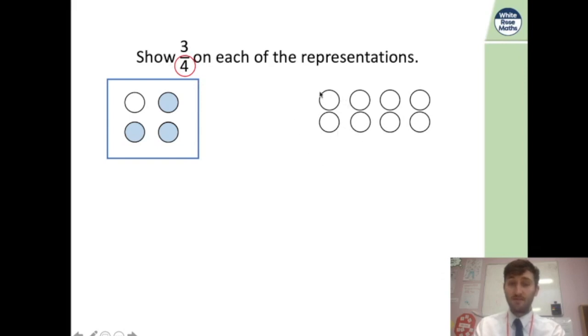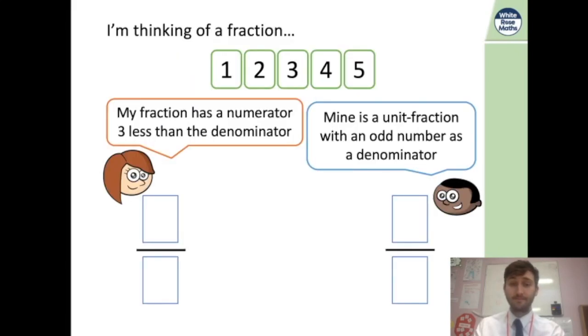And I can see they've already been done for me. So I've got 1 group, 2 groups, 3 groups, and 4 groups. Now this makes it much easier for me to circle 3 of the 4 groups, and I can shade in 3 of the 4, just like that.